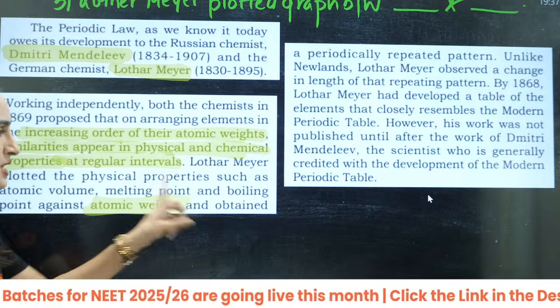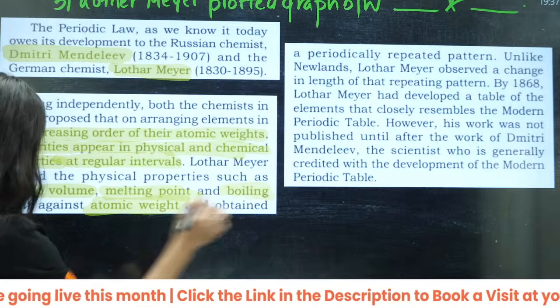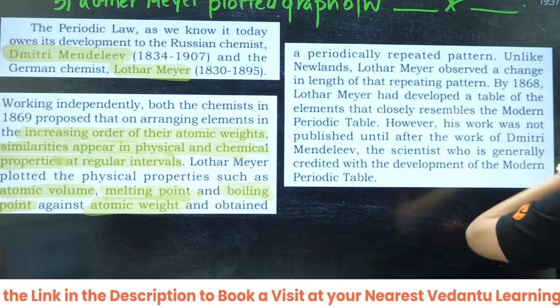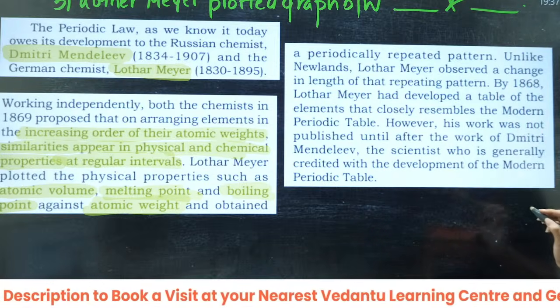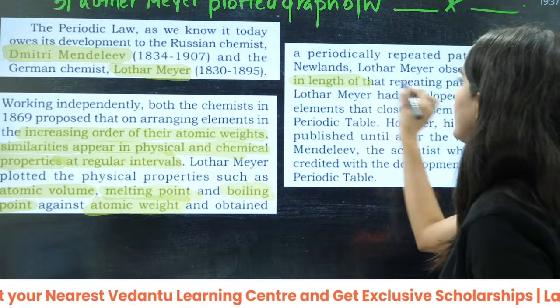Lothar Meyer plotted the physical properties such as atomic volume, melting point, boiling point against atomic weight and obtained a periodically repeated pattern. Unlike Newlands, Lothar Meyer observed a change in length of the repeating patterns, a very important line.